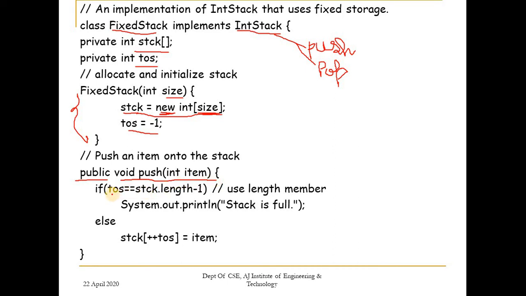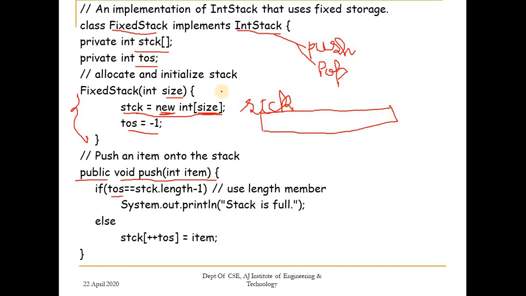Here we are testing the top of stack. Okay, top of stack equal to stack length -1. Now here what you have done is, stack is an array, correct. Now suppose if I have given the size 5. Stack is an array.